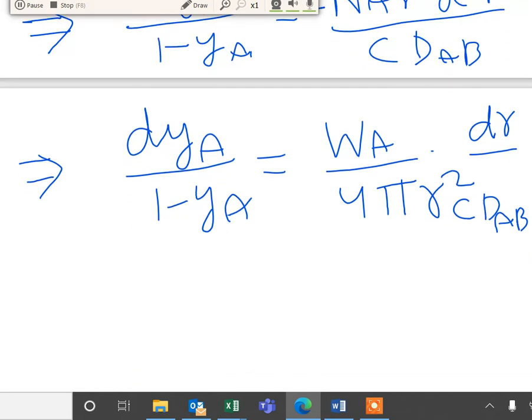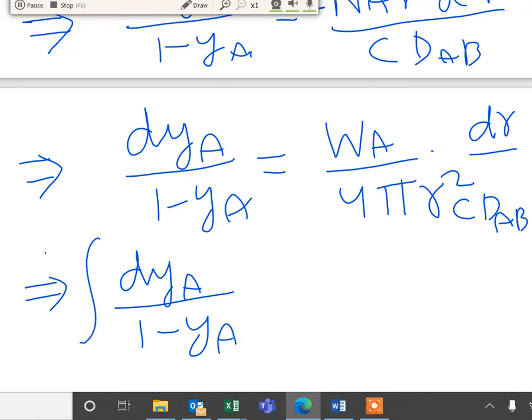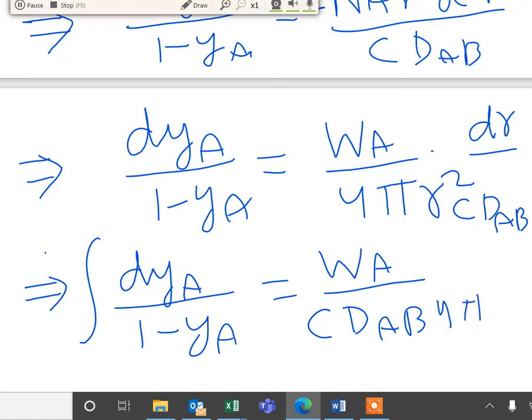Okay. So now we need to integrate this. Okay, let us write in simpler form. The boundary conditions here. Okay, we'll come to this: WA over C DAB times 4 pi and this integral of dr over r square.